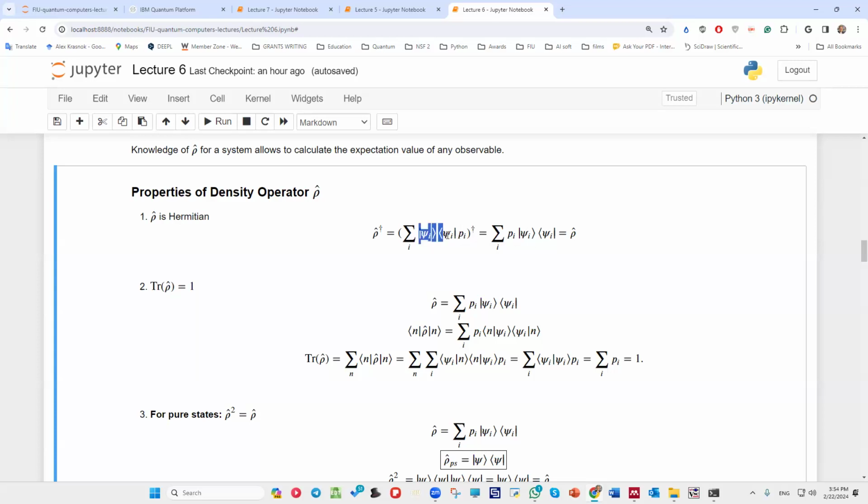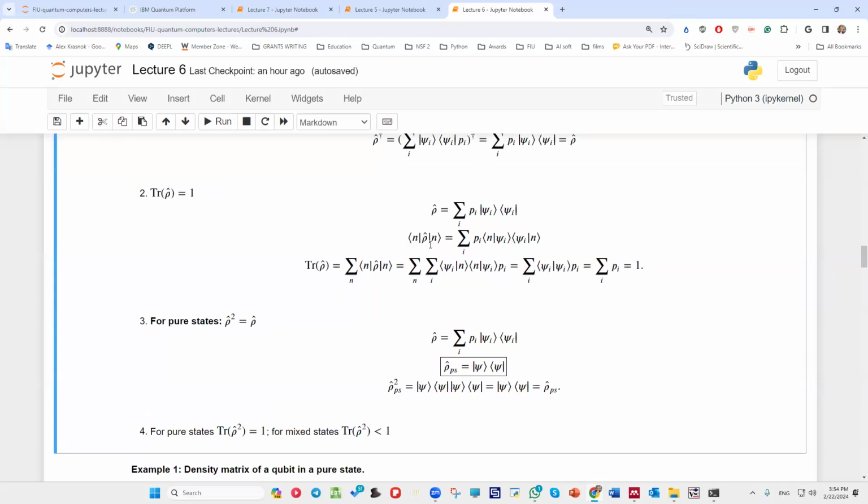So taking the dagger of this expression here, instead of ket bra, I get bra ket, but then taking the dagger, it returns me the same expression. So it is basically the same formula for the density operator. So the density operator is always Hermitian.